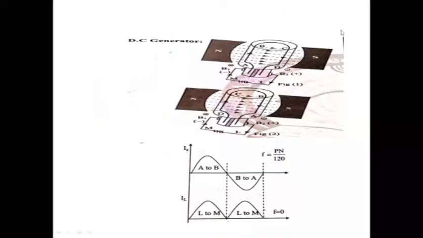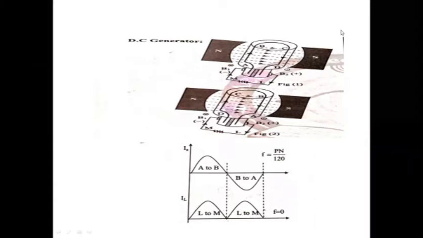This picture explains the working of a DC generator. You might understand from the waveform given here, where I have shown both an AC as well as a DC waveform. In this figure, I will first explain the parts.